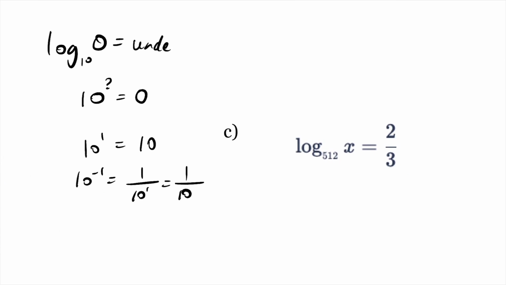So we say undefined. There is no number that would give me that. I can't get 0 with a power. I have to multiply just times 0, right? I can't get a power. Powers don't work that way.